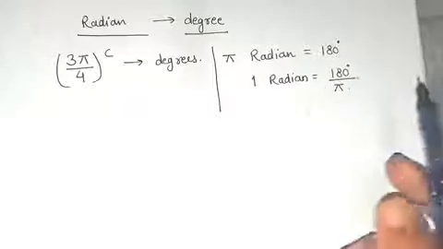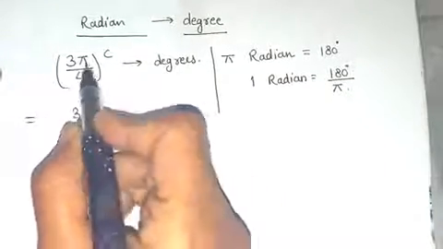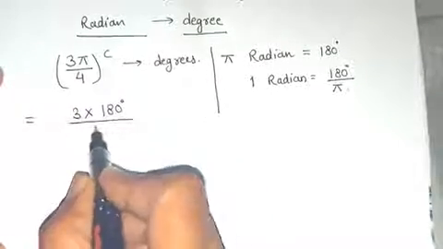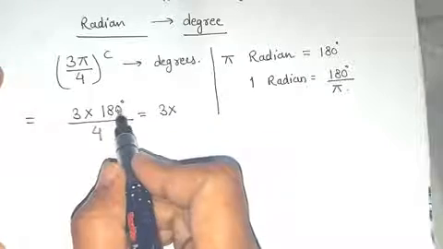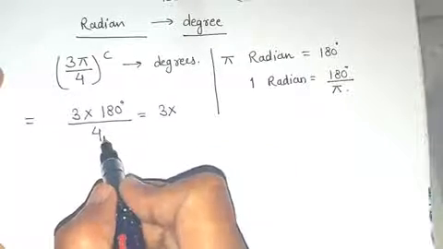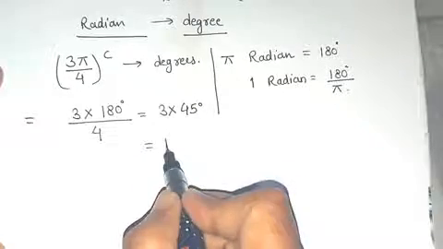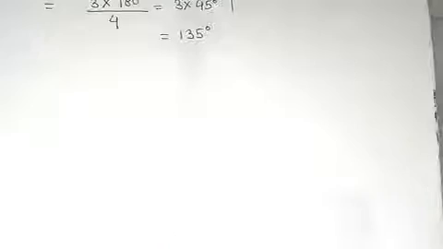Both the things are same. So let's take the simplest way, putting pi radian as 180 degree. So this is 3 into 180 degree divided by 4, which is 45 degree, giving an answer of 135 degree.